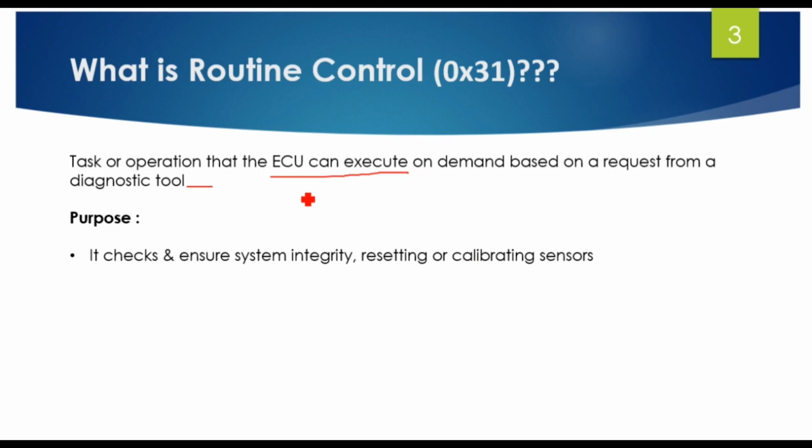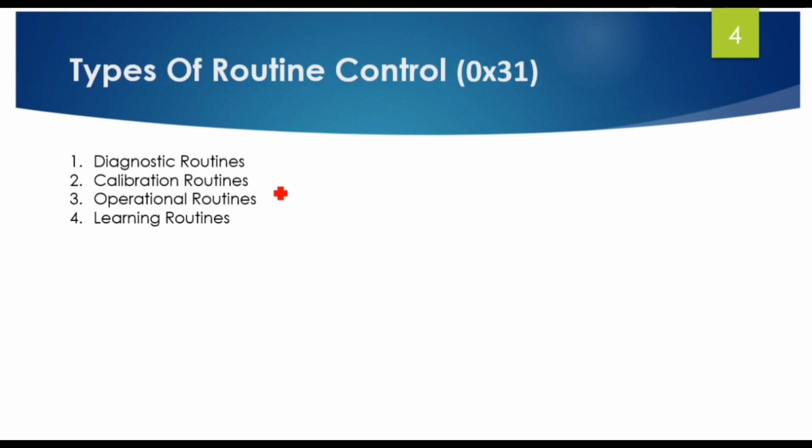So, routine generally refers to a predefined specific function or test that is programmed into the electronic control unit by the manufacturer. Okay. These routines are executed to perform operations such as diagnostics, self-tests, calibrations, or other vehicle-specific tasks. So, this is just a basic discussion I have mentioned here.